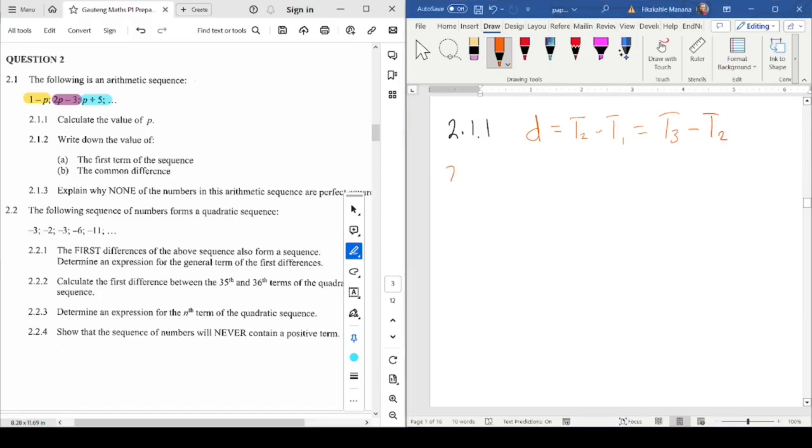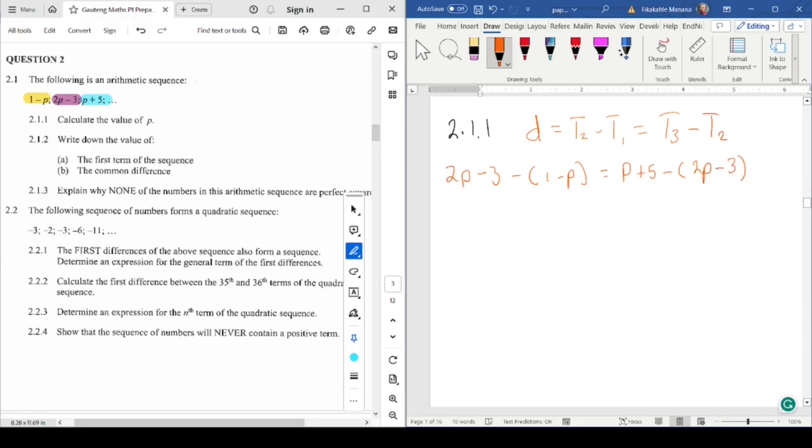Term 2 is 2p minus 3, and then minus term 1, I put it in brackets. It's 1 minus p. This should be equal to term 3. Term 3 is p plus 5 minus, put it in brackets, term 2, which is 2p minus 3.